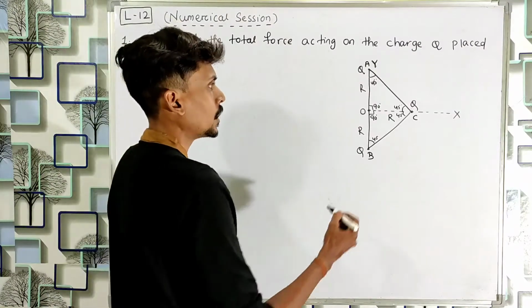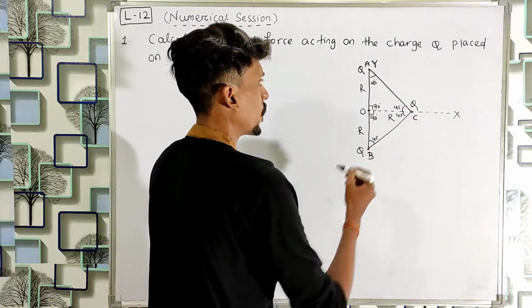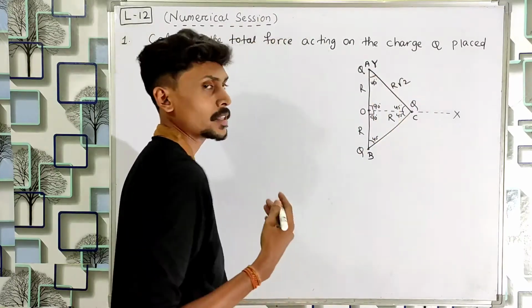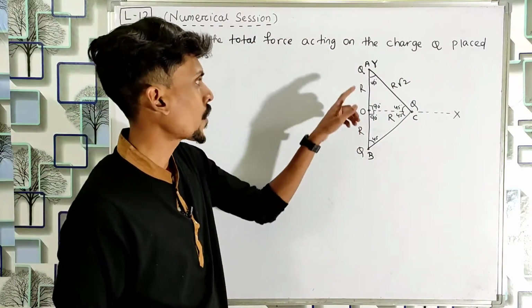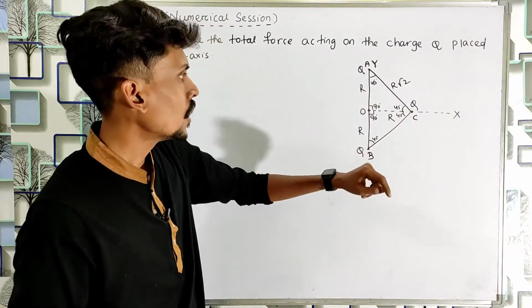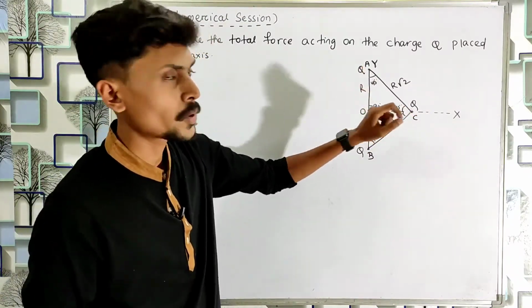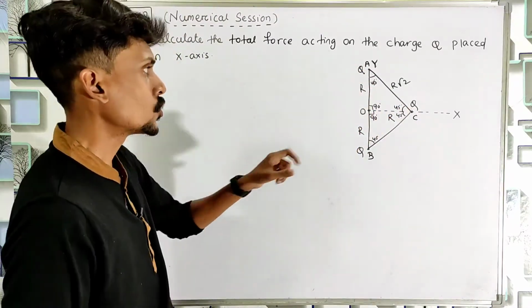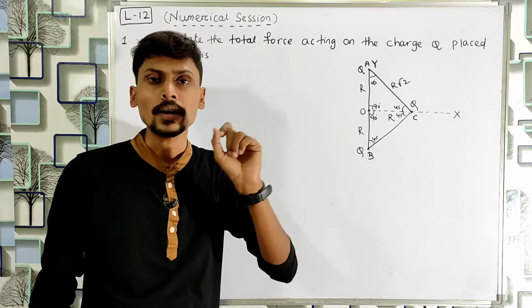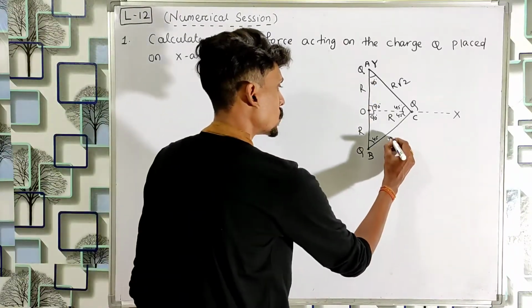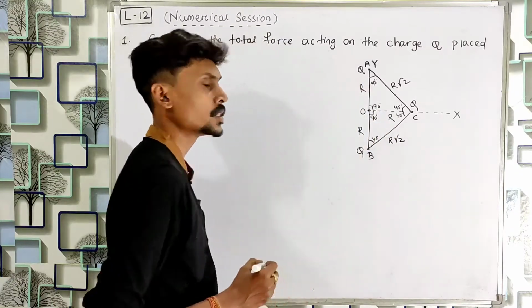And what will be the value of AC? The value of AC will be R root 2. If you apply the Pythagoras theorem in triangle AOC, where AC is the hypotenuse, AC square will be R square plus R square, meaning 2R square. So AC will be root 2 into R. Similarly, BC is also R root 2. Is that clear?